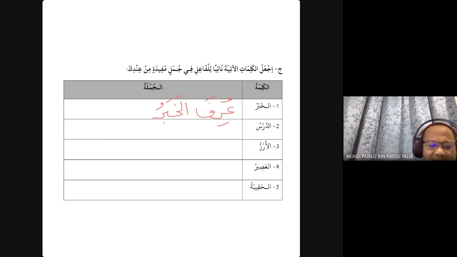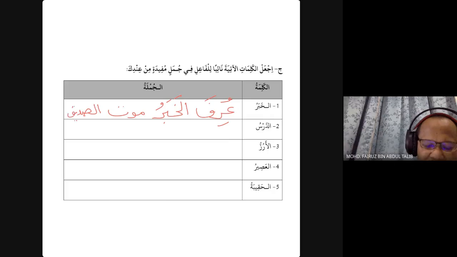What kind of news? Then you can add to the rest of the sentence. For example, we say Urifa al-khabaru. What kind of khabar that is known? Khabar about what? Maybe you want to add khabar, the news about the death of somebody, mauti as-sadiq, for example.